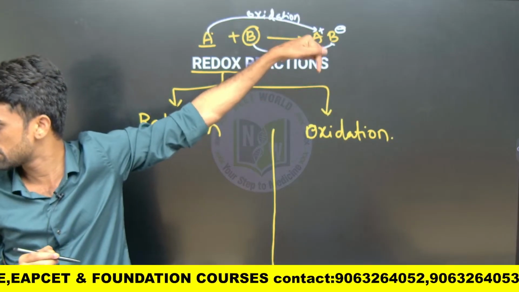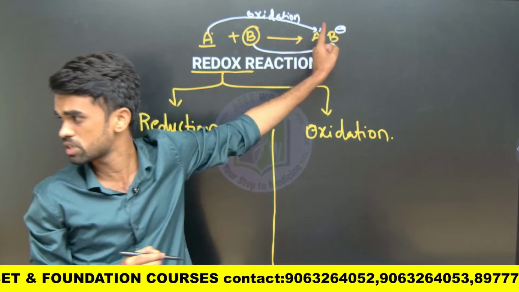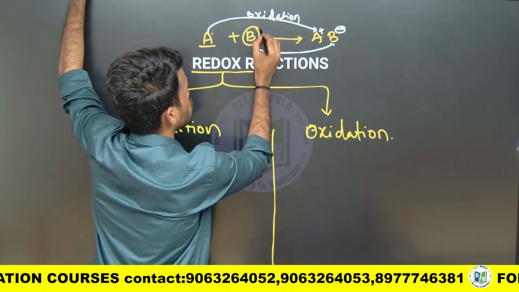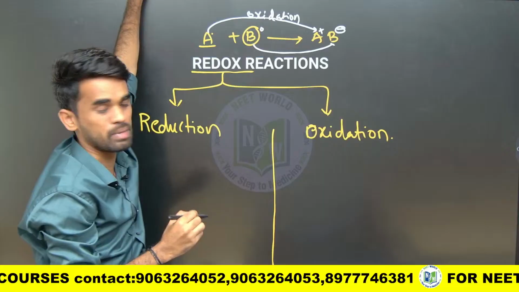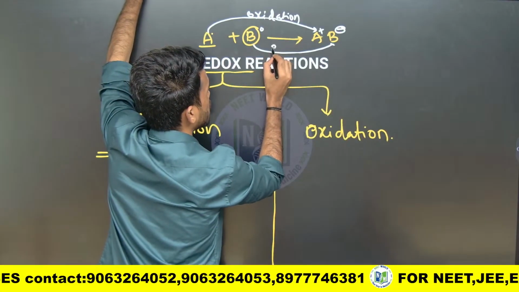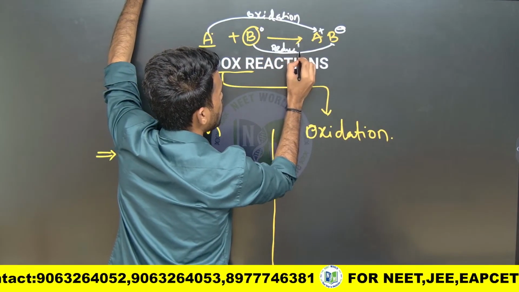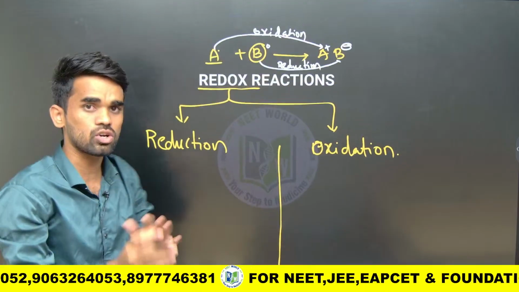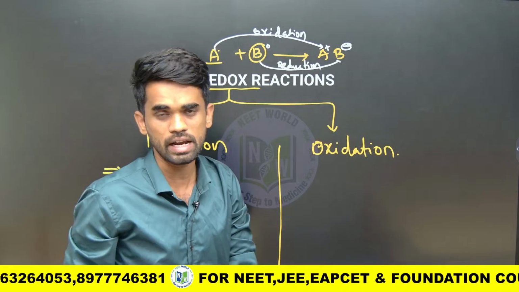Its oxidation number has reduced, from 0 to -1, so this process is called reduction. Hope it is clear what exactly oxidation and reduction are in terms of electron gain and loss.